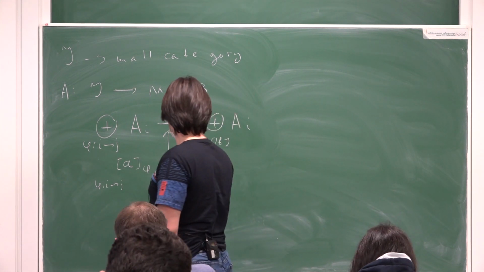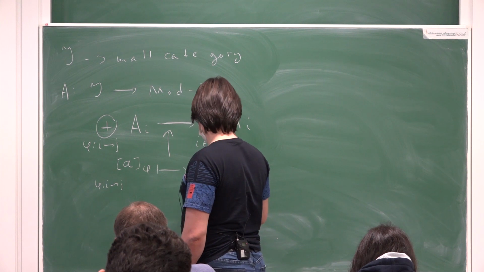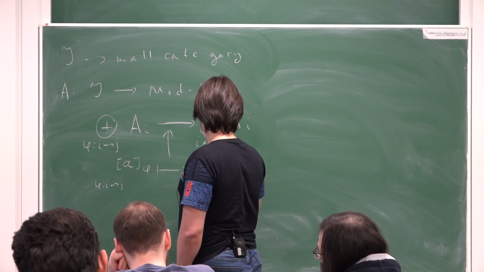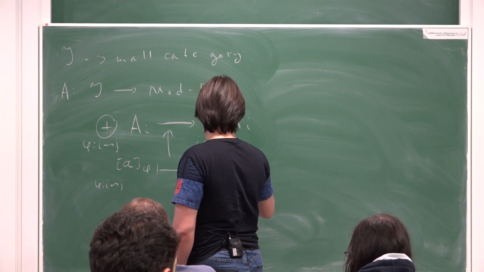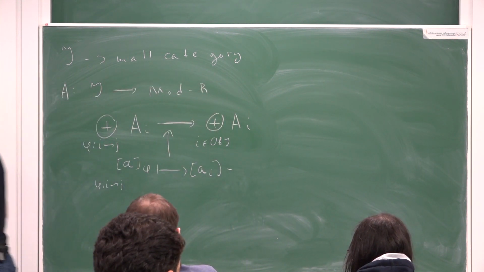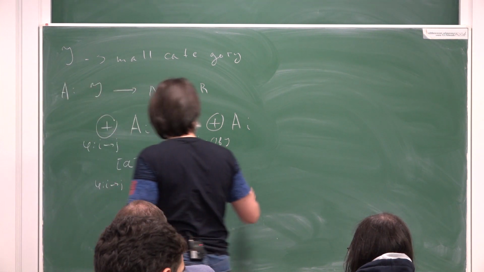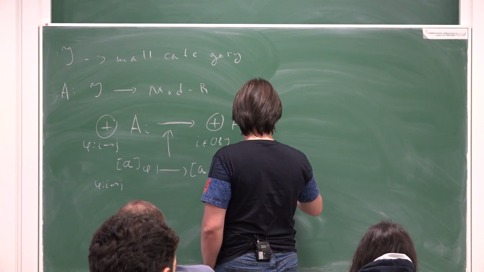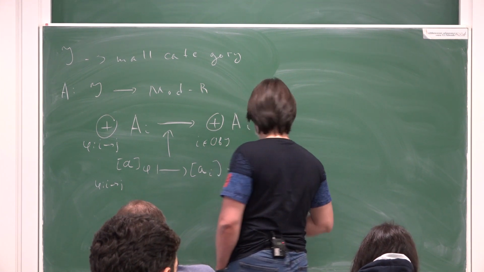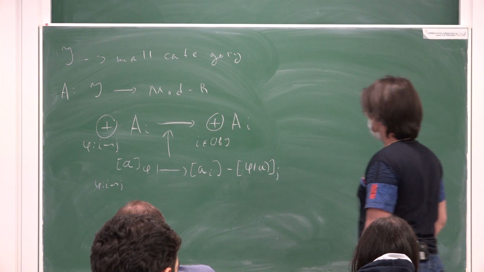Then it goes to a in component i minus phi of a in component j.